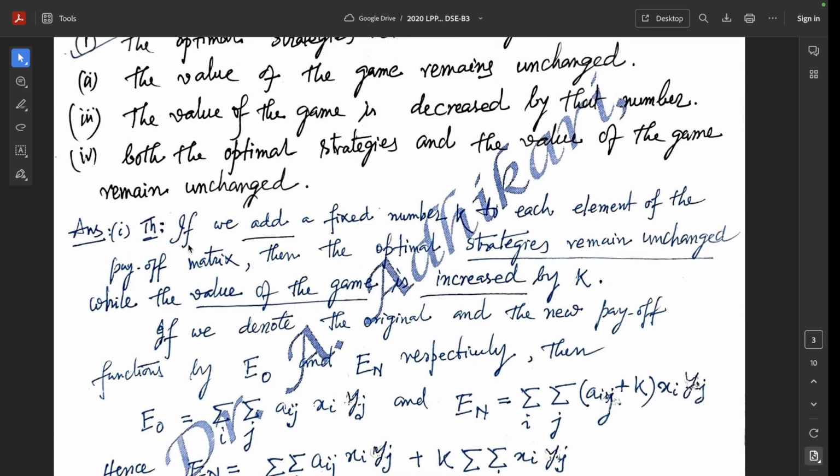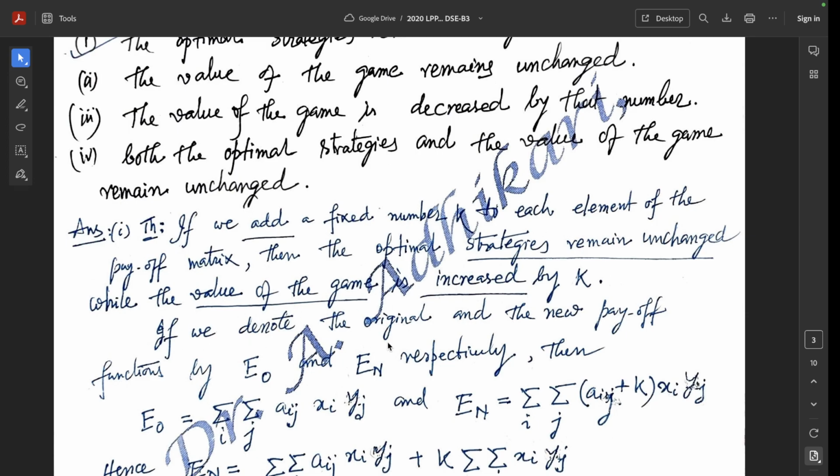We know this theorem for game theory. If we add a fixed number k to each element of the payoff matrix, then the optimal strategies remain unchanged while the value of the game is increased by k. This is an important theorem of game theory.